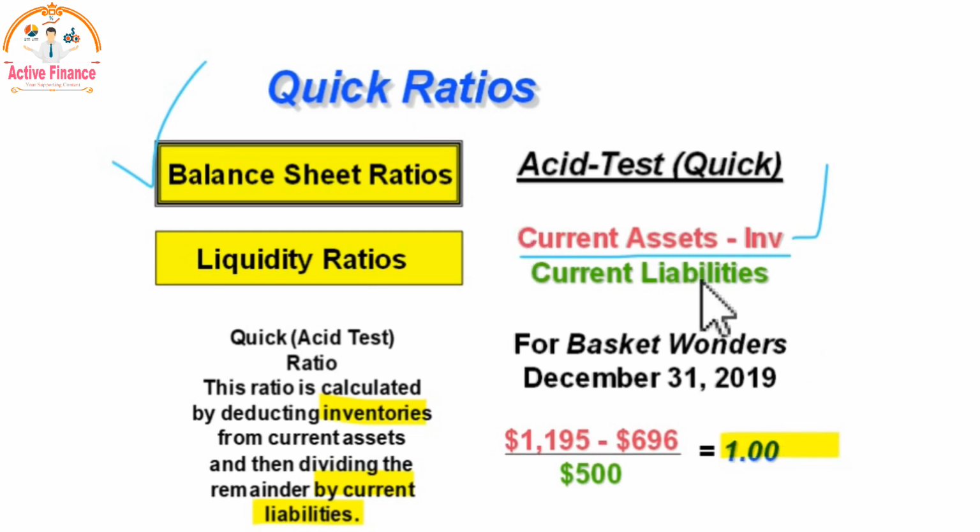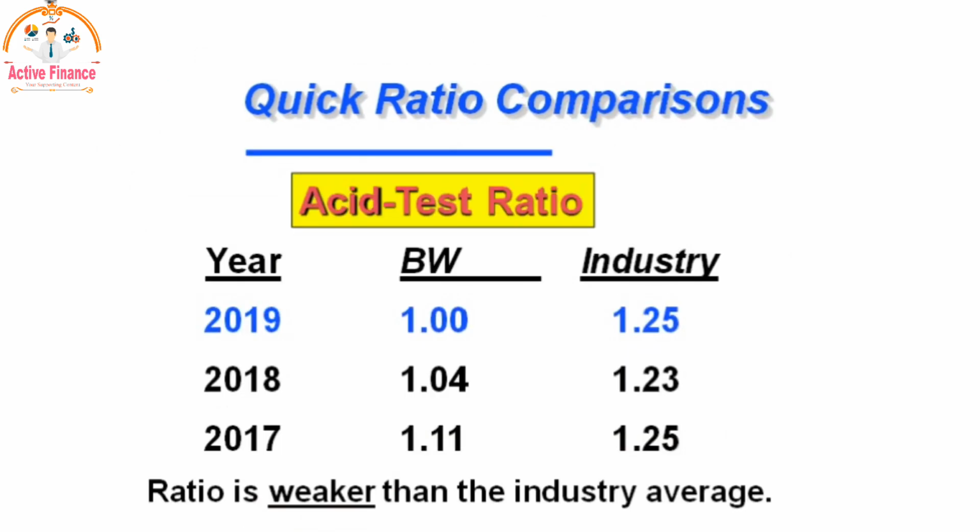Now let's have a look at the comparison, quick ratio comparison of Basket Wonders. So here is 3 years data of Basket Wonders: 2019, 18, 17. So now the quick ratio of this company is 1.00 and the industry's standardized value is 1.25.